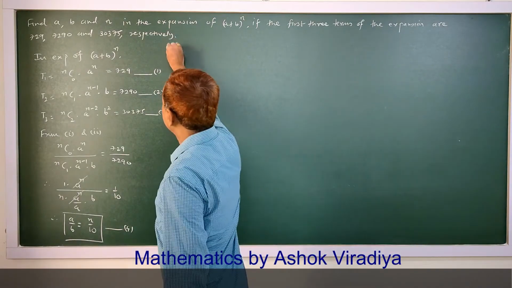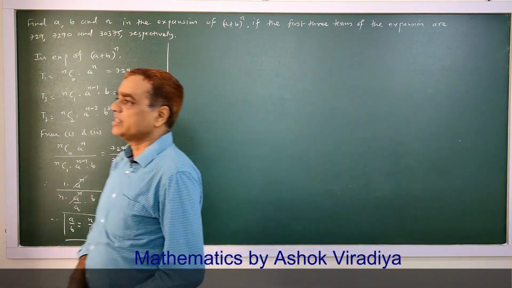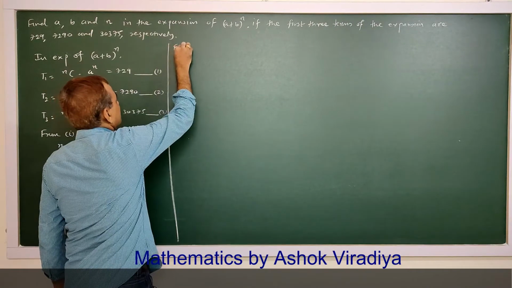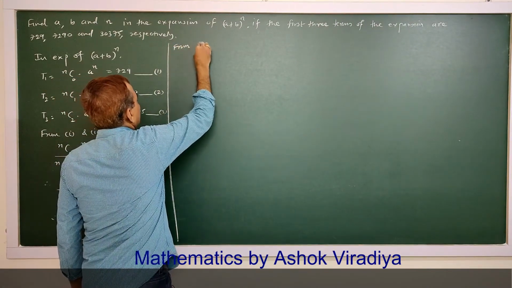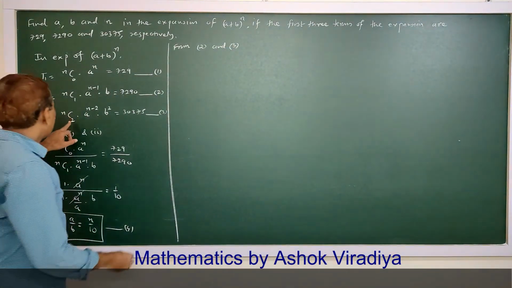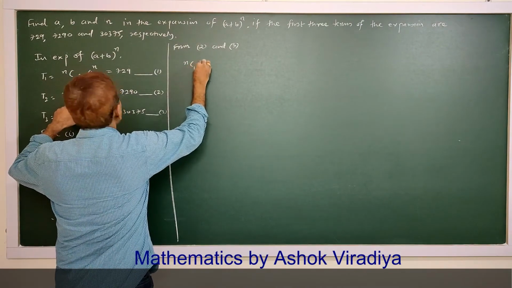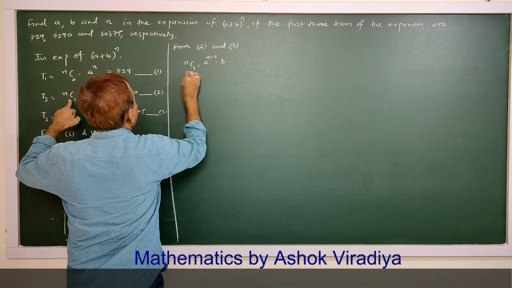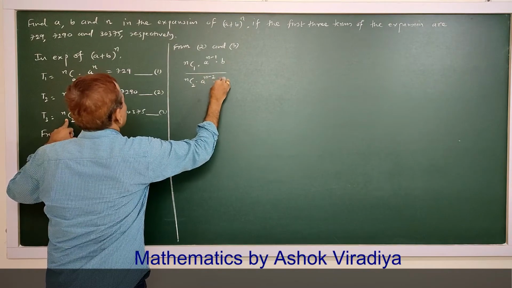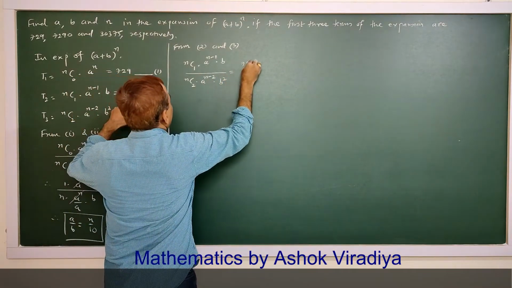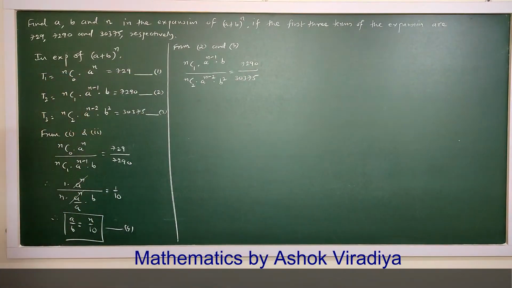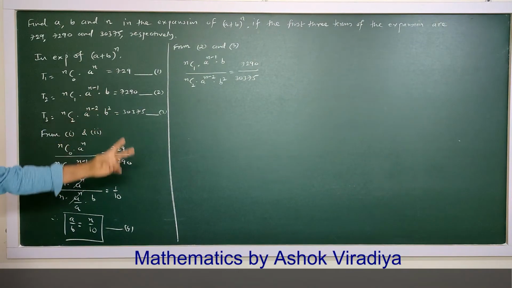Now we take the ratio of 2 and 3. Taking the ratio of 2 and 3, LHS upon LHS, nC1 a raised to n minus 1 b, is equal to RHS upon RHS.